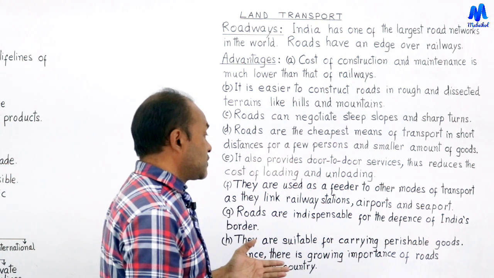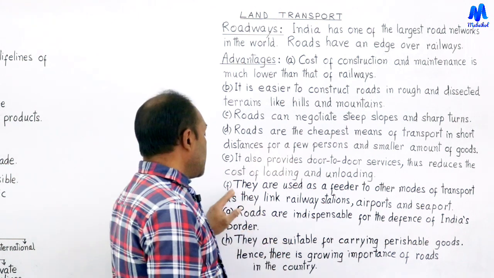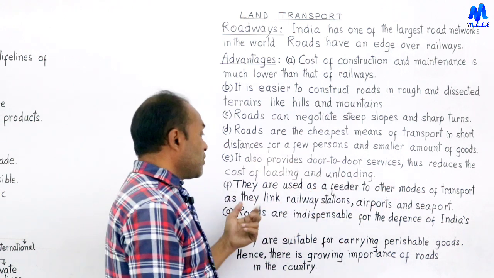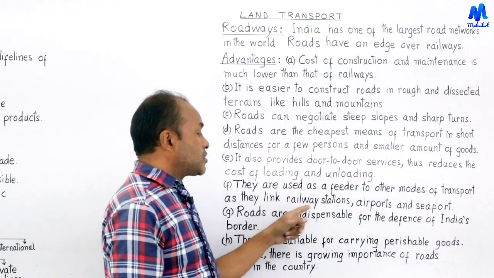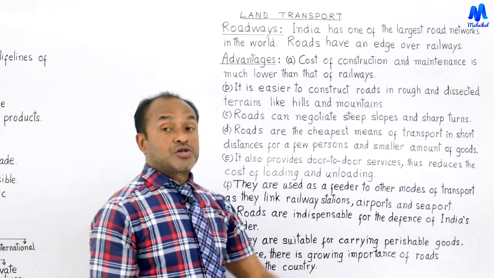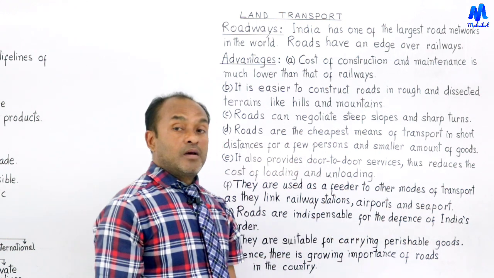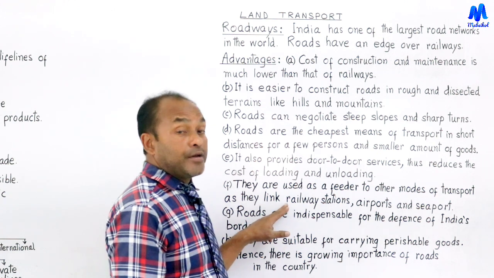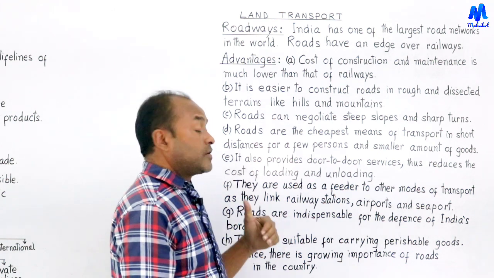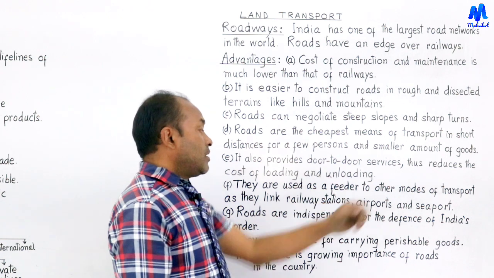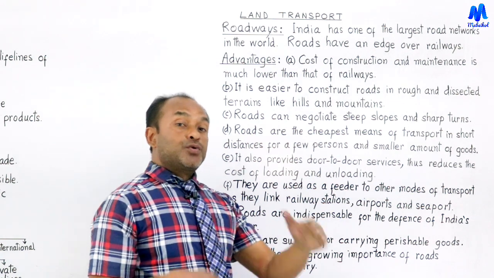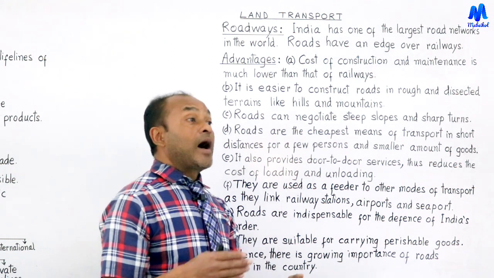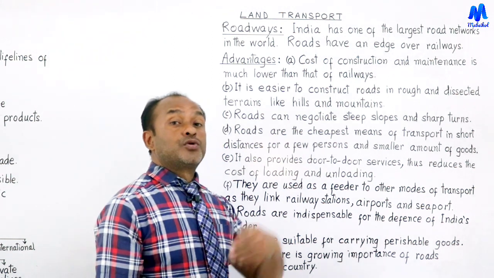goods and services. Okay. In number F, it tells that they are used as a feeder to other modes of transport as they link railway stations, airports, and seaports. Okay. This one is also a big point. Let's have a discussion. When we are going to the airport, we cannot fly just directly to the airport.